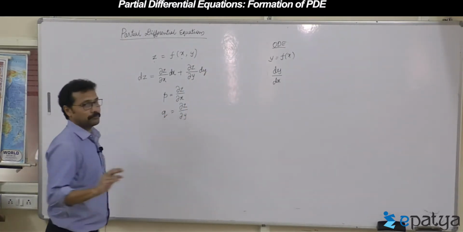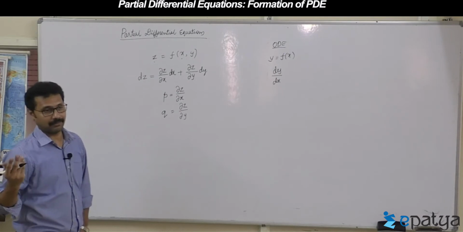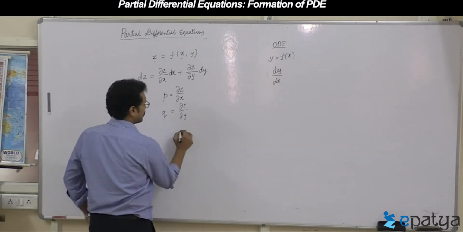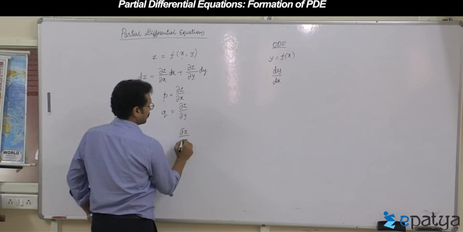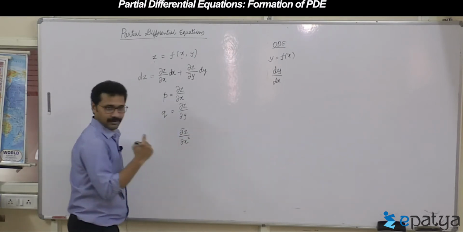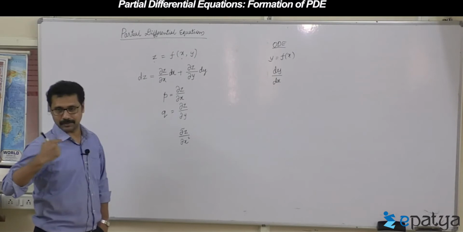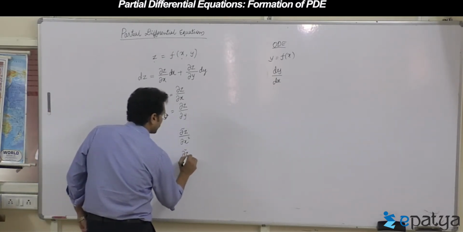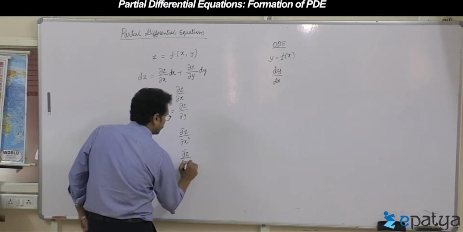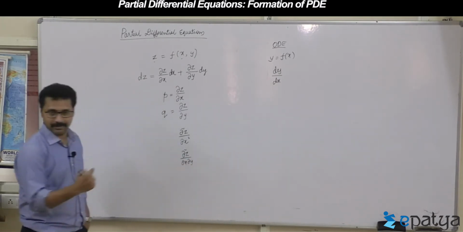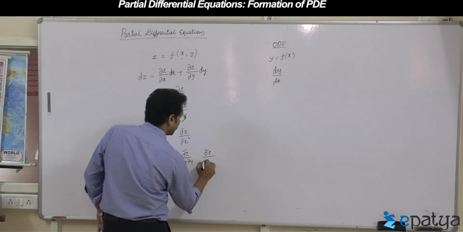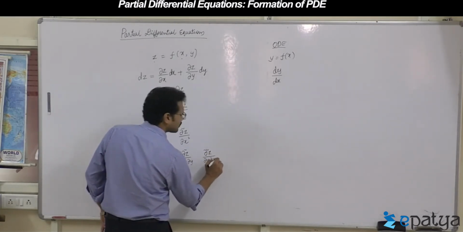Now, when we go for higher order, what we'll have is dou square z by dou x square along x, or dou square z by dou x dou y, or dou square z by dou y dou x.